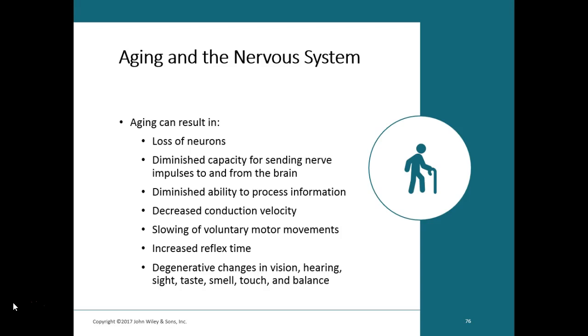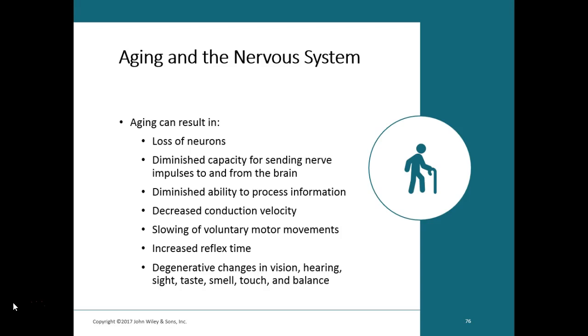This leads, of course, to a decreased ability to detect stimulus and to conduct nerve impulses to and from the brain and to process that information. Also leads to a decrease in the conduction velocity, so voluntary motor movements slow down and reflex time is going to decrease.